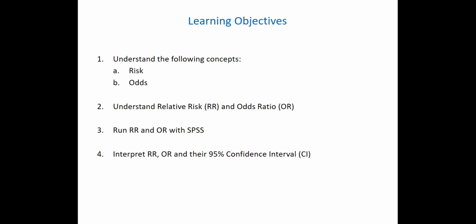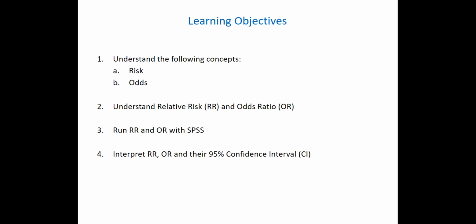Then we go on to understand relative risk and odds ratio, and interpret odds ratio and relative risk with their 95% confidence interval. It's good to know that if you want to publish in high impact medical journals like the Lancet, they prefer confidence intervals to p-values from hypothesis tests.